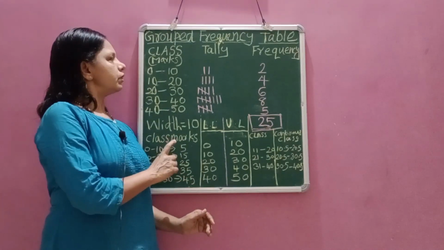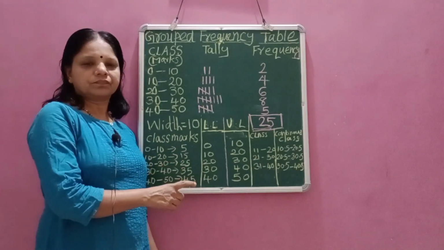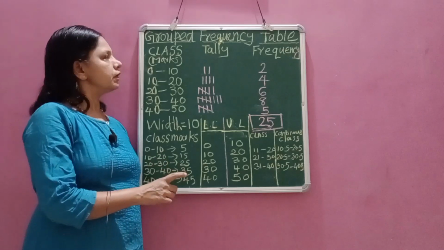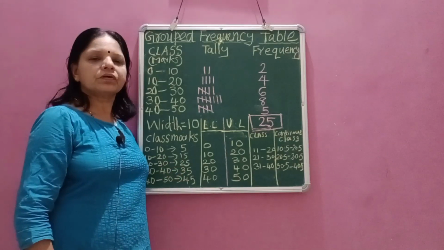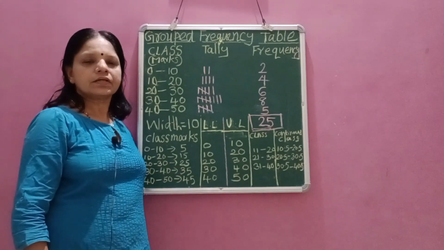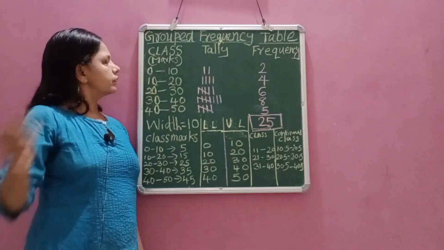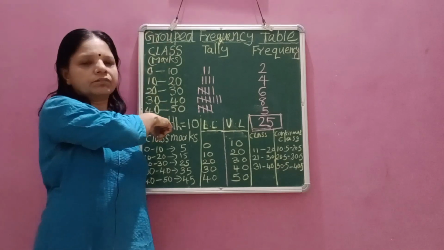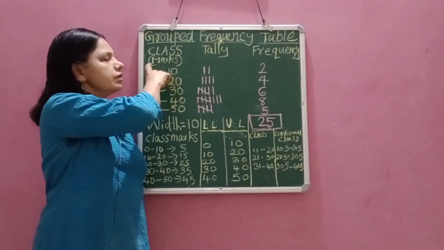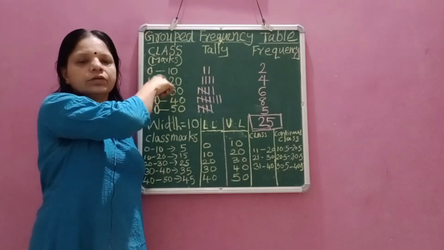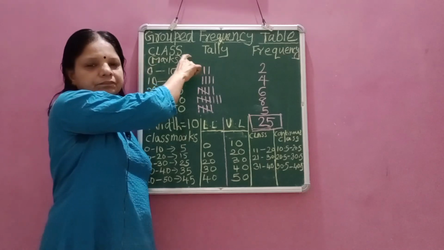There is an example of such a frequency table. This frequency table is called a grouped frequency distribution table. In this first column you can see, instead of scores, classes.